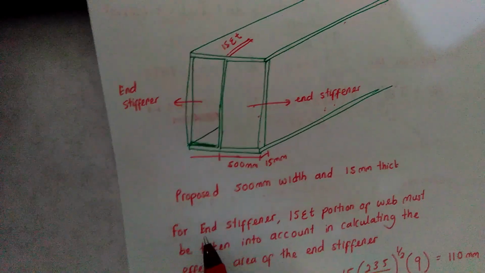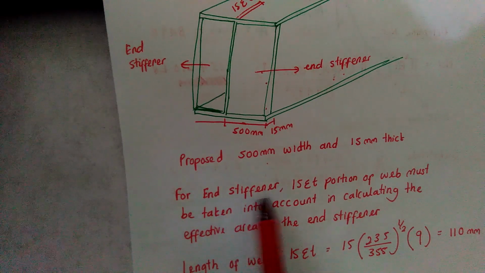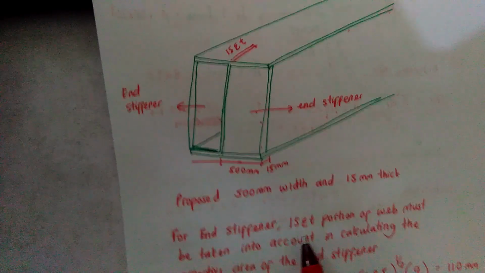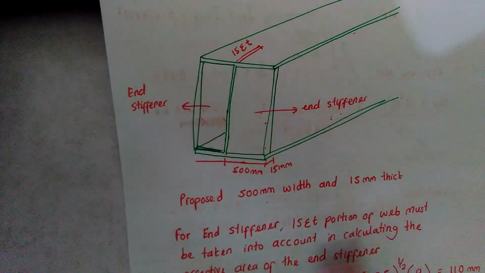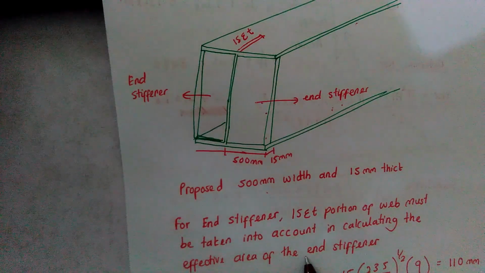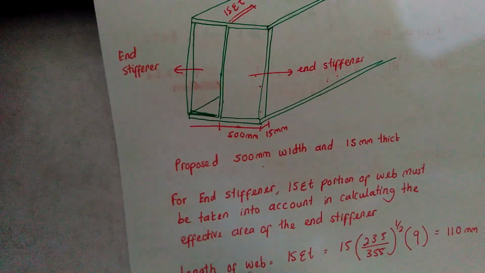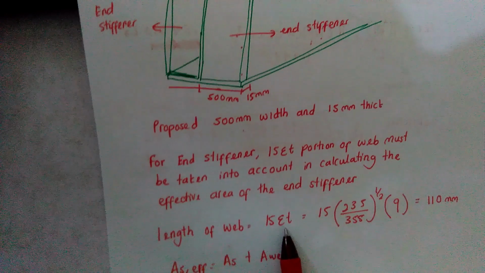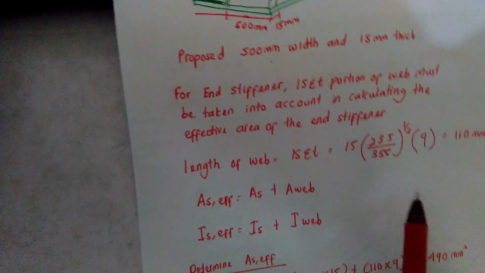Okay, so there is a clause in EC3 Part 5 saying that for the end stiffener, you need to take into consideration 15 epsilon t portions of web in calculating the effective area of the end stiffener. Meaning that the length of the web that you need to take into consideration is 15 epsilon t, whereby you get 110 mm.